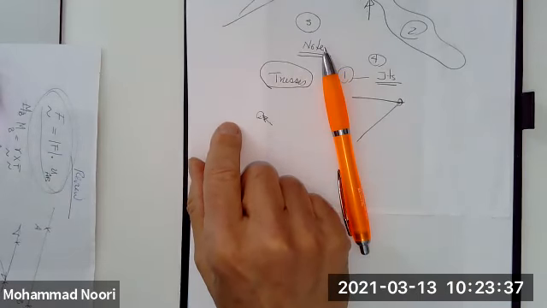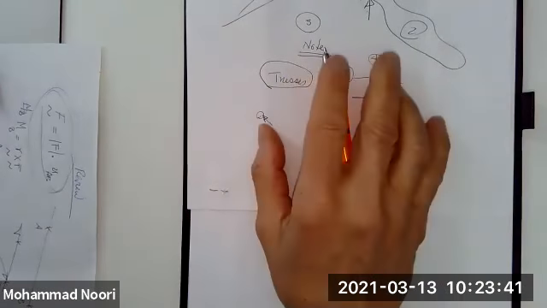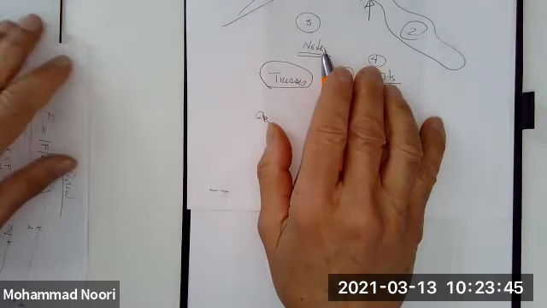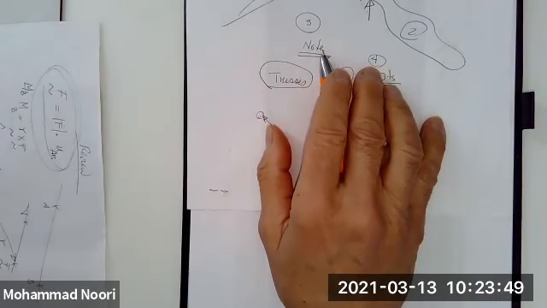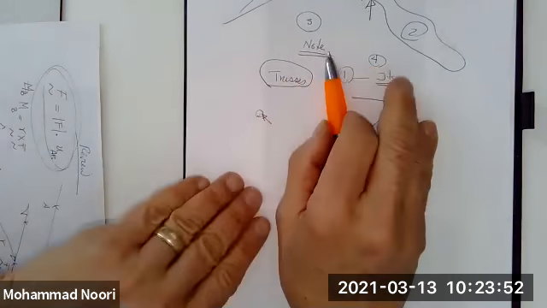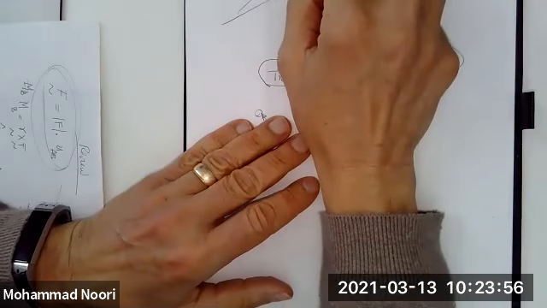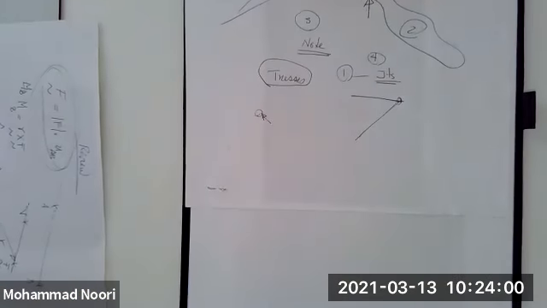Take the sum of moments about that point, and you end up finding only that force, and that's it. Do not find more unknowns than you've been asked to find. If you've been asked to find the force in member AB, only find member AB. You can find all the others, definitely, but you're going to spend more time than needed. That's it.